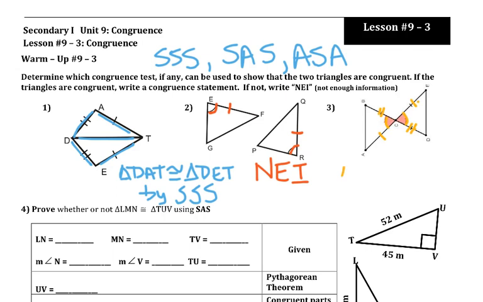So we can say that triangle ABC is congruent to triangle EDC, by side, angle, side.